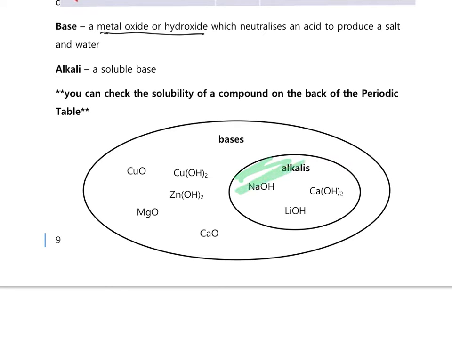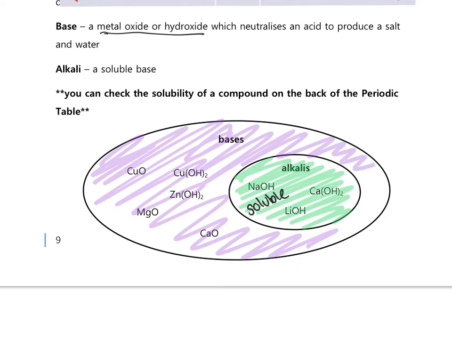So these here, they are all soluble. The things on the outside of the alkali circle, so I'll write soluble here. The things on the outside of the alkali circle, so that are just in the base, I'll highlight them a different colour.